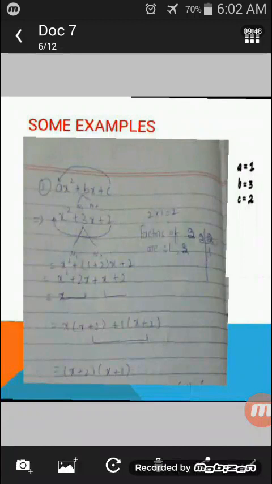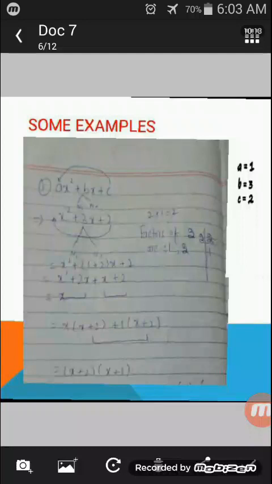These two terms must remain the same in both terms. If there are not the same common terms, then your question is wrong. Your solution is wrong. So we are left with x plus 1 into x plus 2.